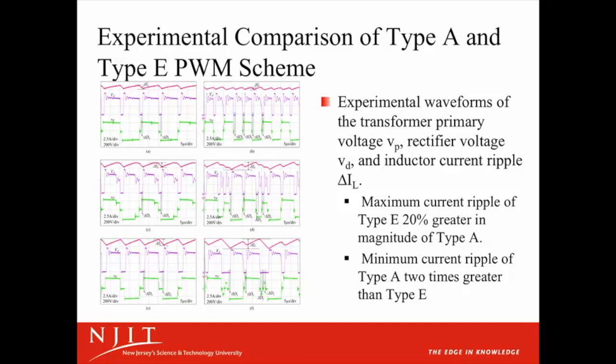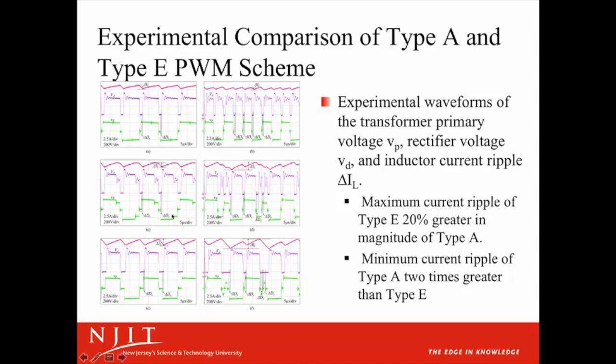In this, we can appreciate the experimental waveforms of the transformer's primary voltage Vp, rectifier voltage Vd, and the current ripple. A shows this one right here. A shows the type A PWM scheme at angle equals 0, while B shows the type E at angle equals 0.